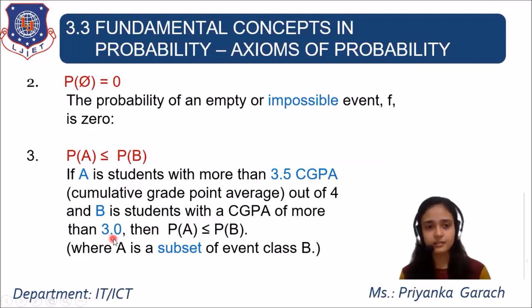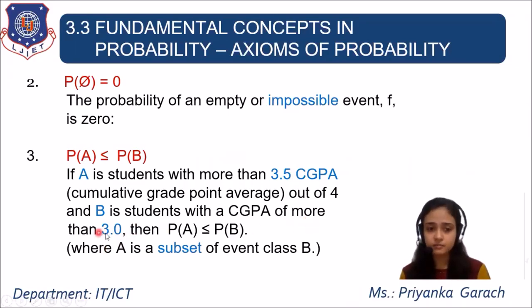If I take the event A, then event A consists of the students with more than 3.5 CGPA, and this 3.5 is already included in the set that is more than 3. So the 3.5 set is a subset of the more than 3 set.